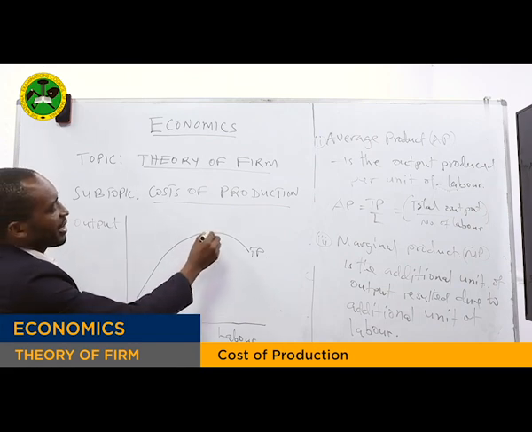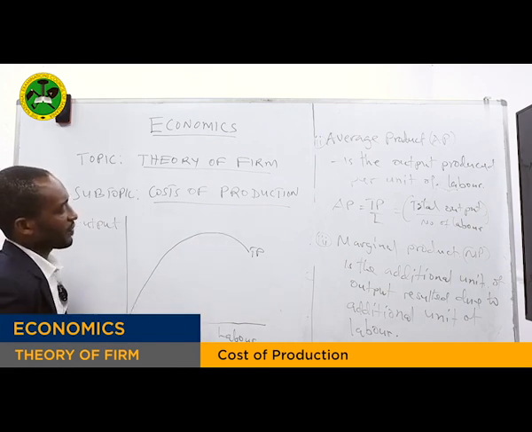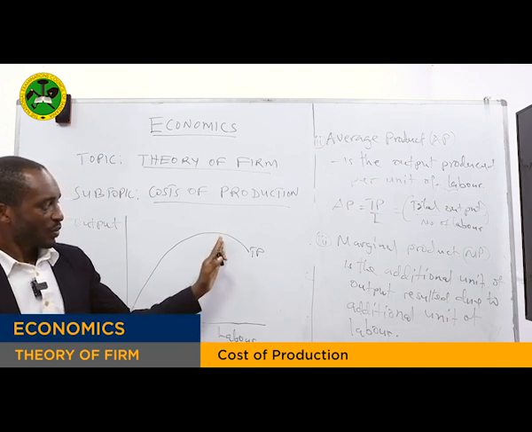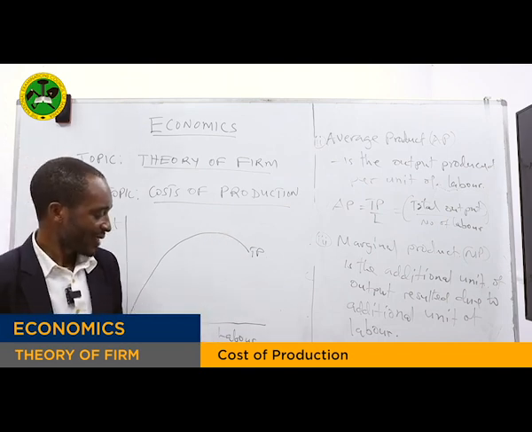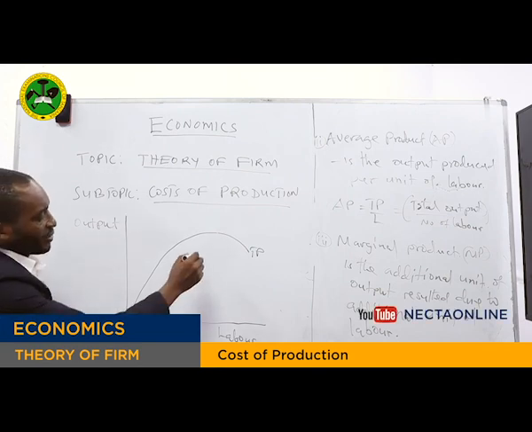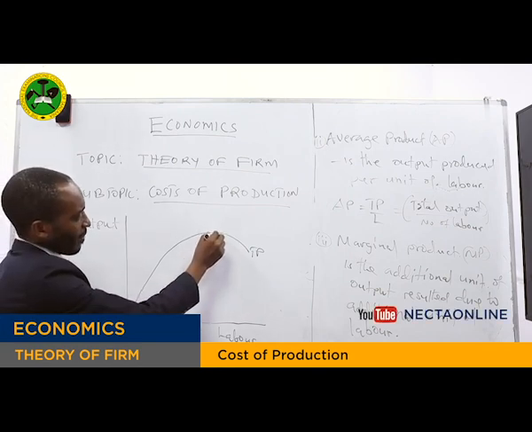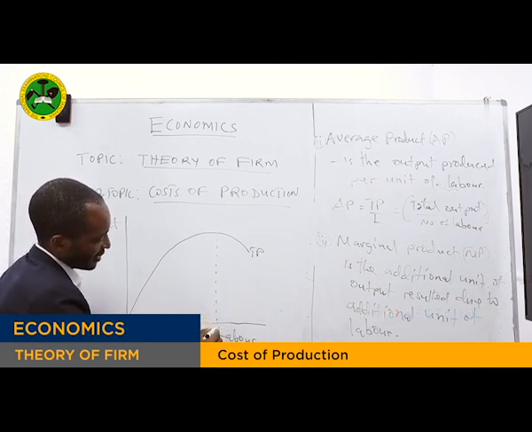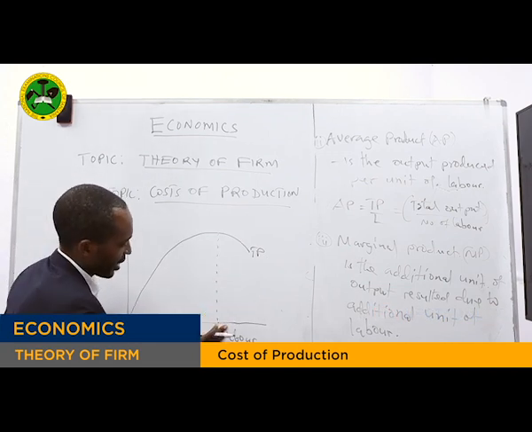So this is the maximum point of output. Then after that, if you employ more units of labor, the output will start to decline. So this we call a maximum point, when labor is, let's say, L1.